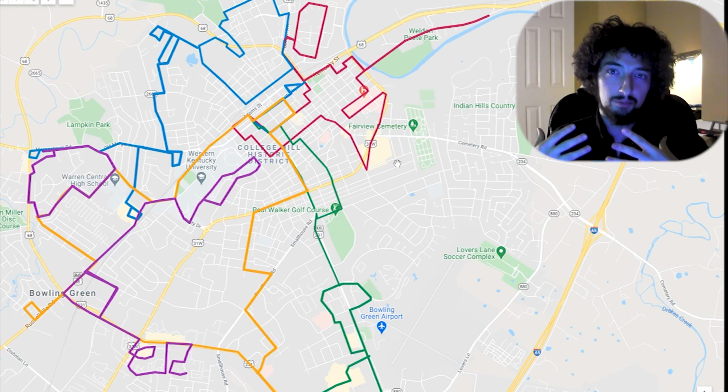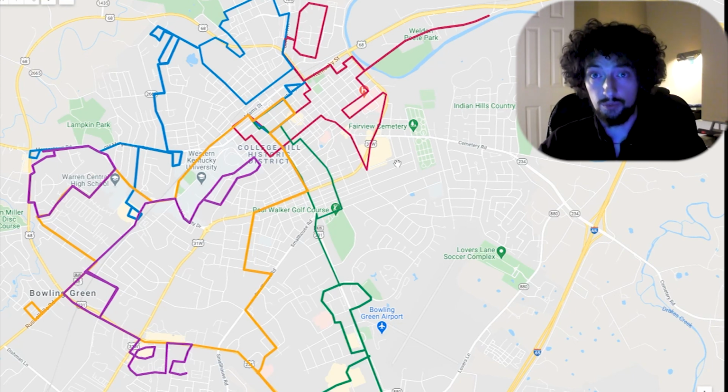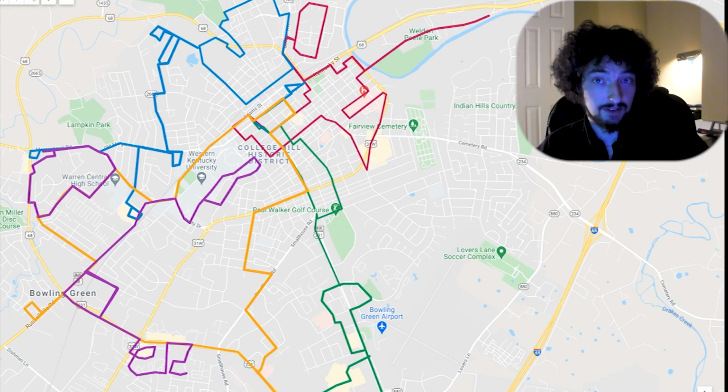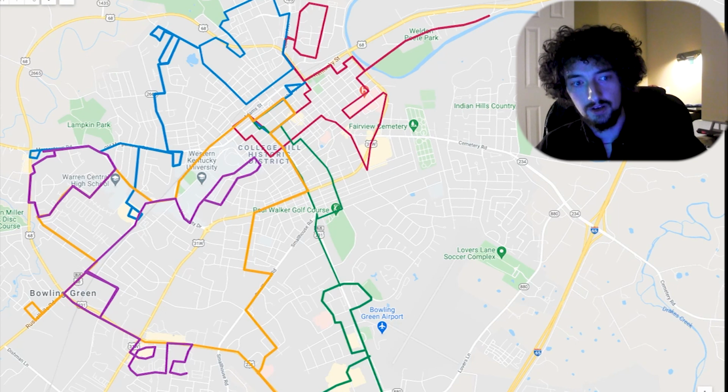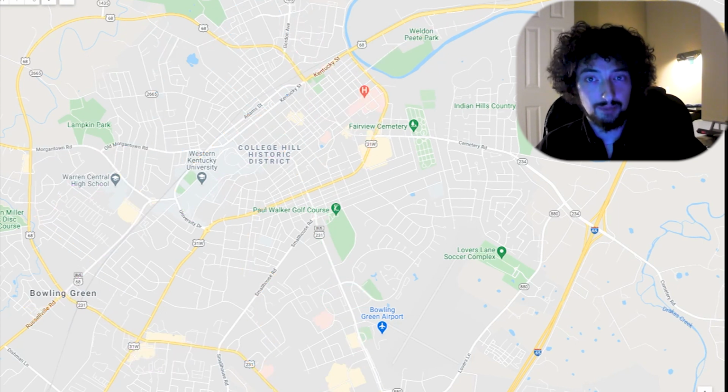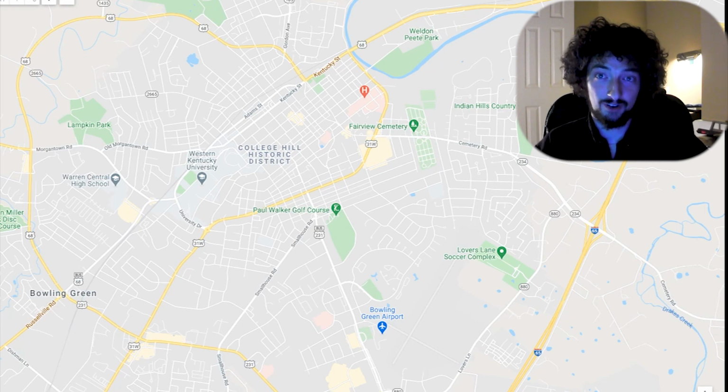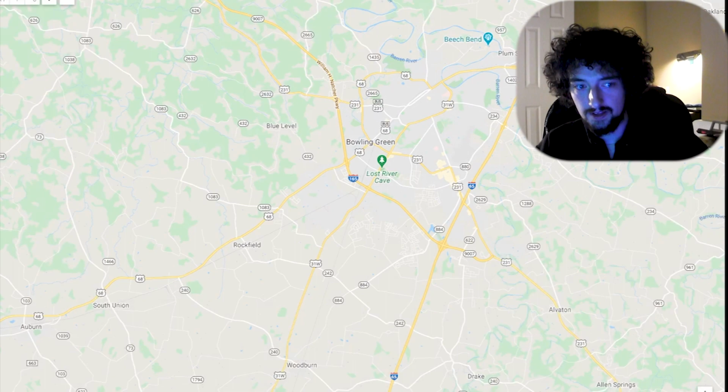And for a public transit service, you can do a lot more with the roads that you have. And so this is a map that I've made using the existing roads in Bowling Green, but if we were able to partner with different regional transit services that service existing cities, this map would look something like this.